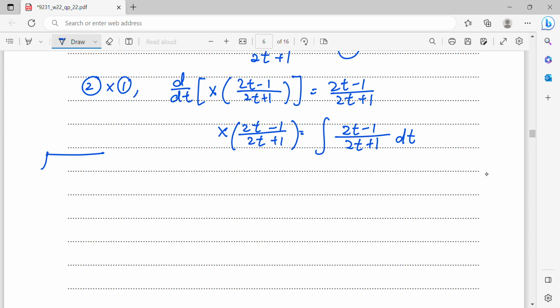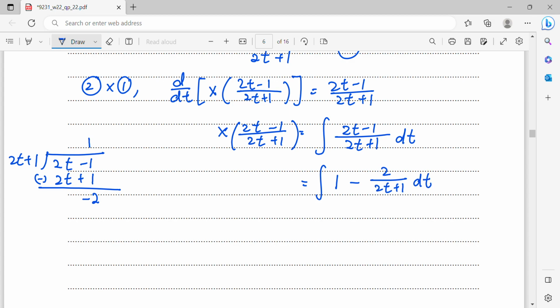Okay, so when you need to integrate this, basically you may use long division or polynomial division because of the same degree in t. So I will get 2t minus 1 divided by 2t plus 1. Multiply by 1: 1 times 2t plus 1, you will get back the same terms. After that, you minus. First term will be 0. Second term is minus 1 minus another 1, so you get minus 2. So from here, I will say that it is the integral of 1 minus 2 over 2t plus 1 dt.